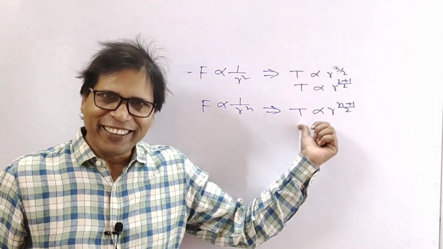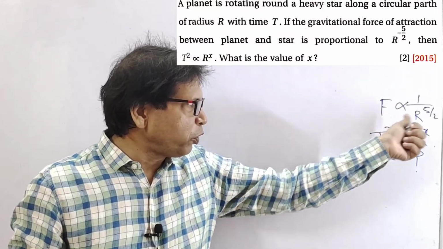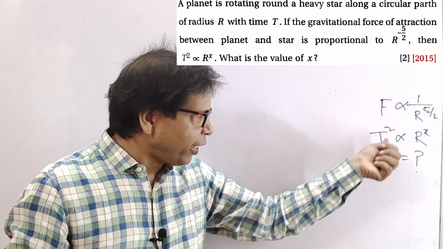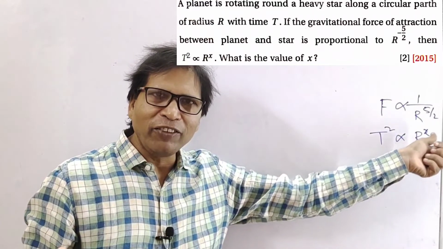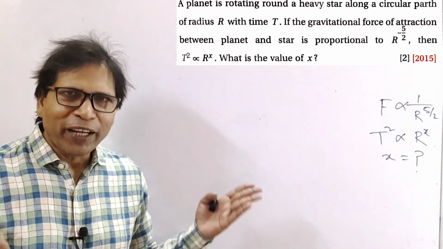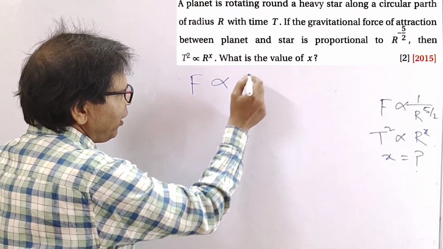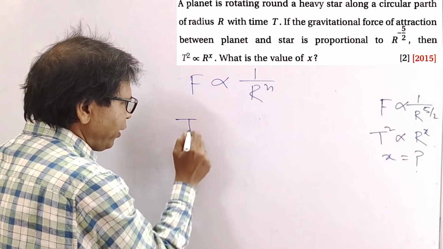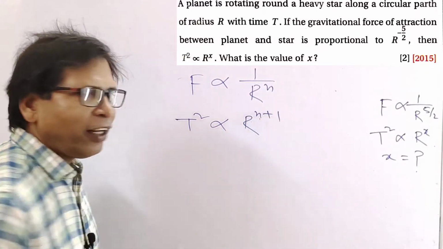Okay, understood? Next, if gravitational force F is proportional to 1 by r to the power 5 by 2, then the square of the period of revolution is directly proportional to x. We have to calculate x. From Kepler's third law, we know if F is proportional to 1 by r to the power n, then T square is proportional to r to the power n plus 1.